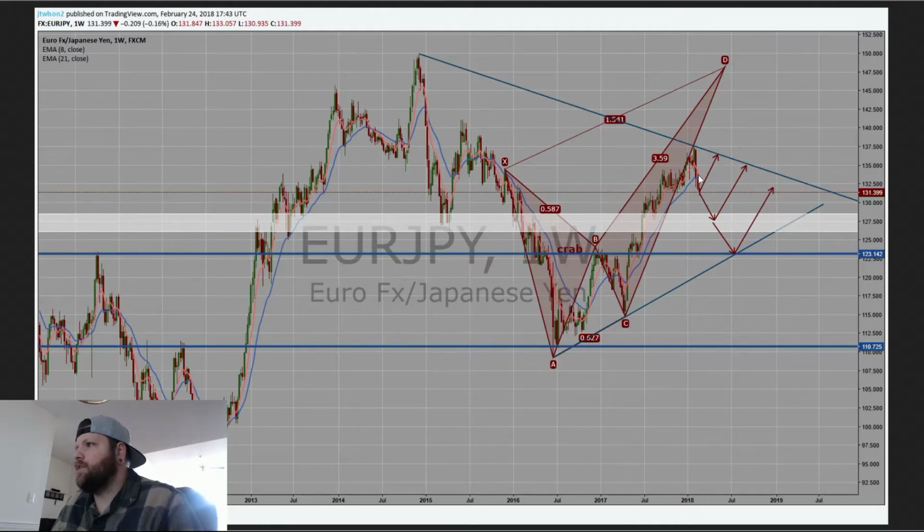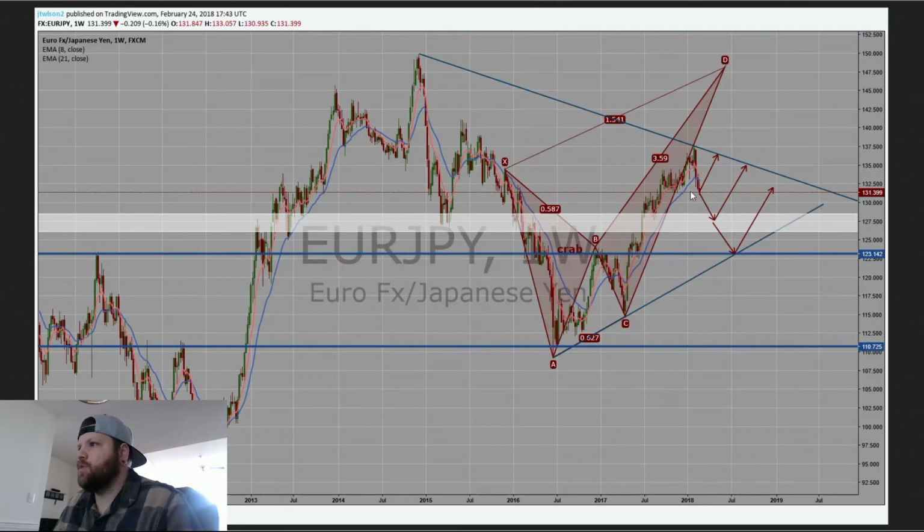I do anticipate this to continue dropping at least to this zone before continuing upward. However, we could get even a retest of this trend line. That would be probably months away, however, so don't look too much into the retest of this trend line down here. Immediately, we're looking for more bearish movement.